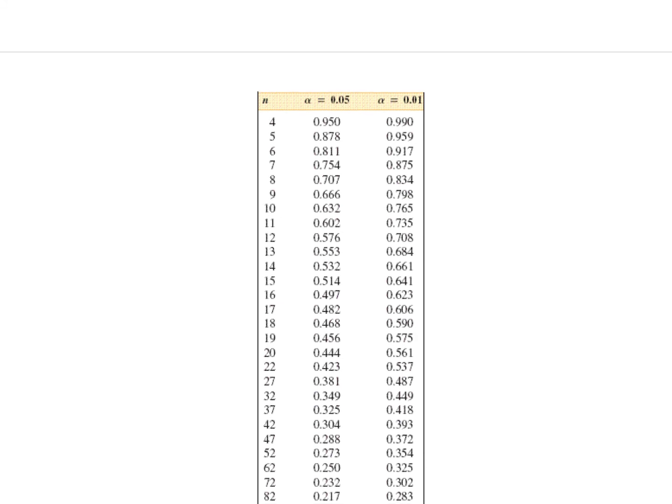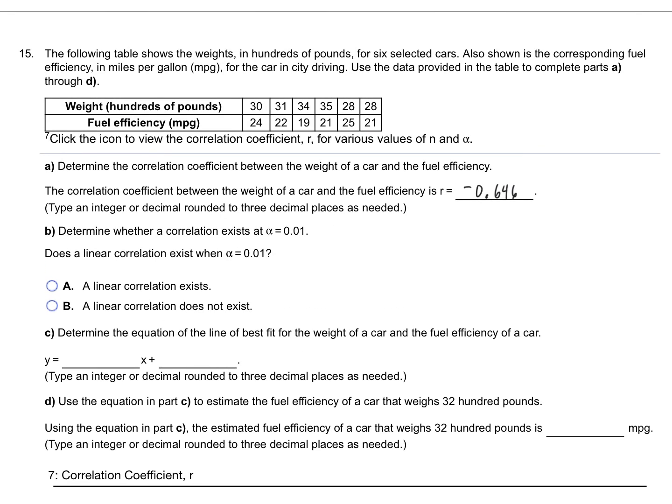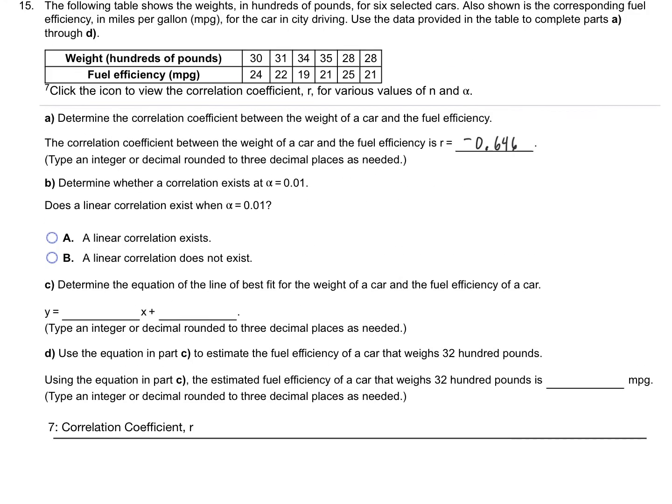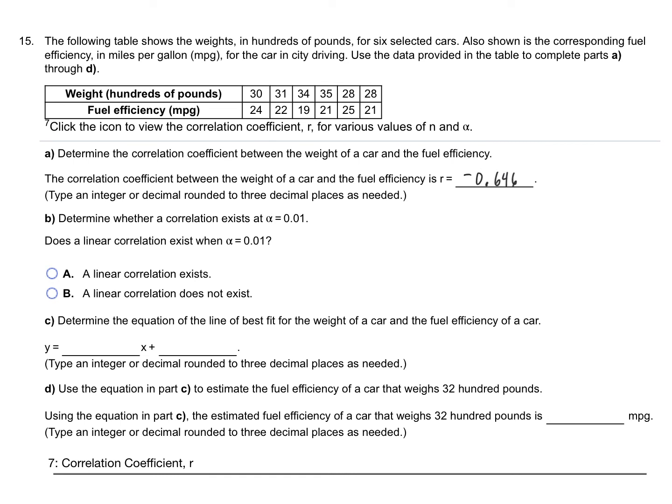Part B, determine whether a correlation exists at the 0.01 level. Okay, do they have a chart here? There we go. All right, so I've got to go back. I have 1, 2, 3, 4, 5, 6. Okay, N is 6, and then 0.01. So N is 6. The 0.01, so 0.917. So we're comparing our R to 0.917.